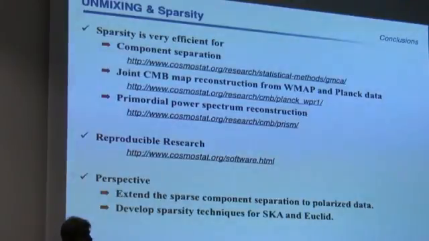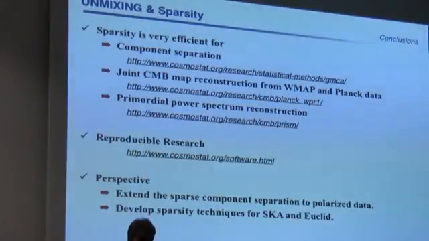Another important point of what we have done is reproducible research, as I told you. And for us, the perspective is to extend to polarized data now, and also to extend this kind of technique to Q and U. This is ongoing work. To conclude, I will also say that sparsity can be linked to Bayesian statistics, so it's not something completely independent.